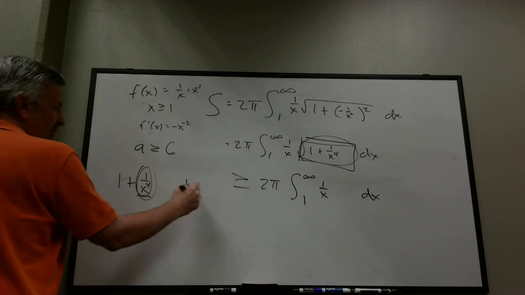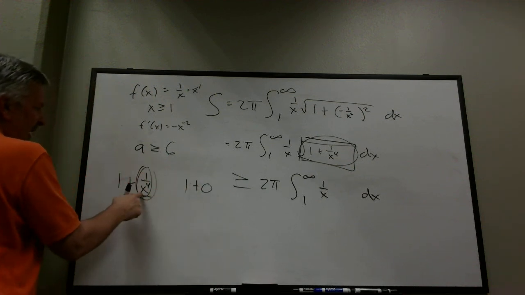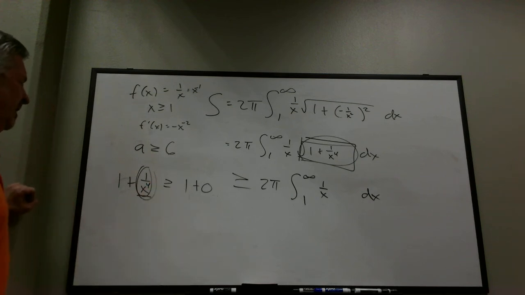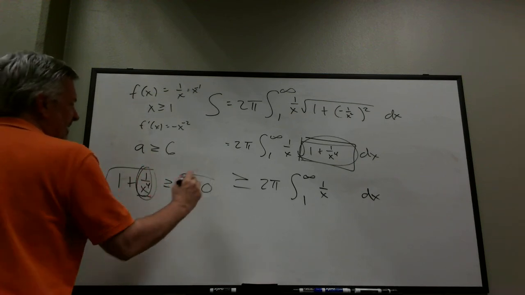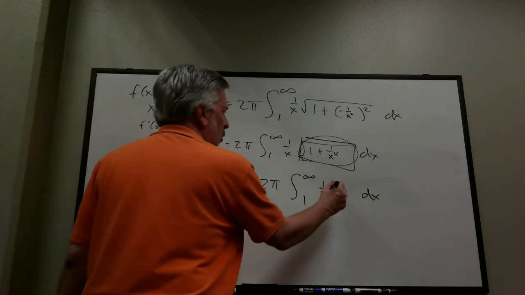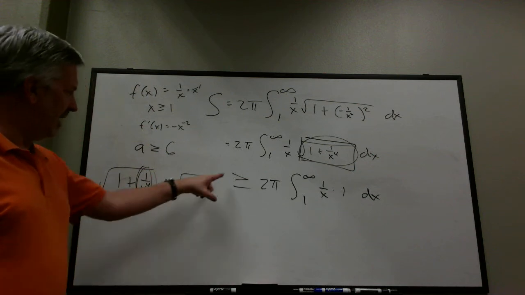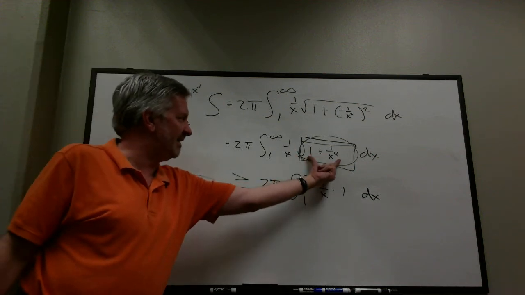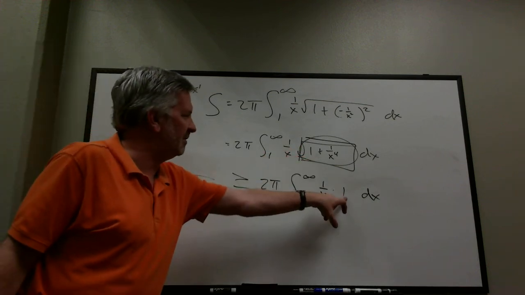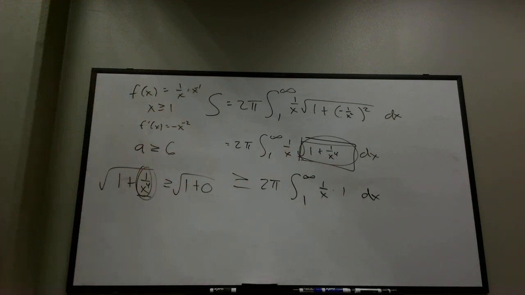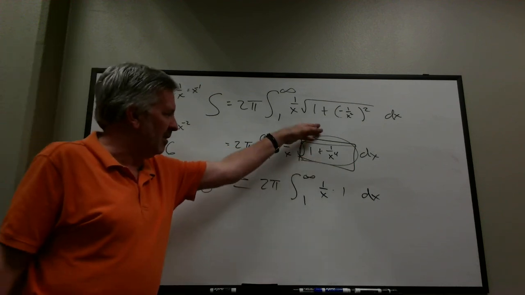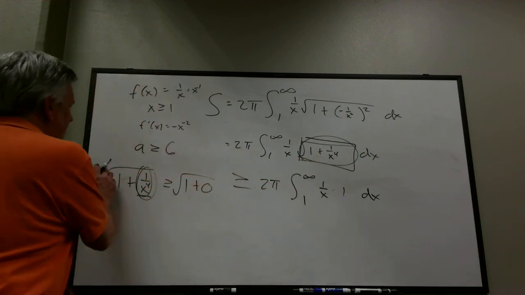That is always bigger than or equal to 0, and so that's going to be true. And if I put this positive square root on it, that's still going to be true too. So if I replace this entire expression with 1, I'm going to get smaller, because I replace this with something that is always less than or equal to that radical. So you don't actually have to work this out. I replace some messy part of it with something I know is smaller.